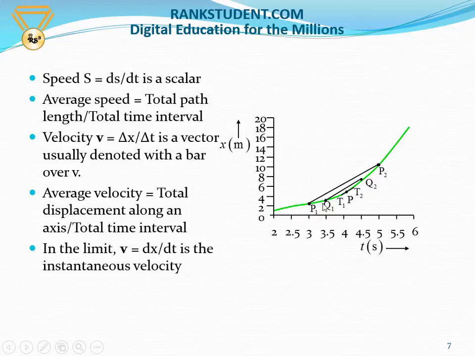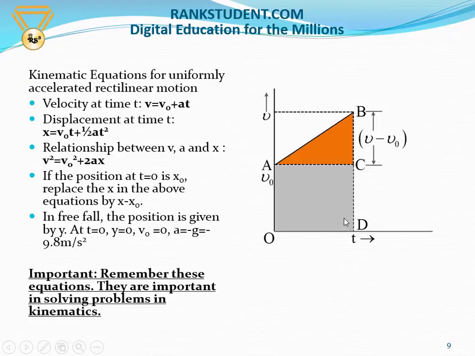The instantaneous velocity is the tangent to the curve at a given point. Here in this case of P, T1, T2 is the tangent to the curve, and that is the instantaneous velocity of this body at this point P, at this time taken as a projection from P onto the t-axis.